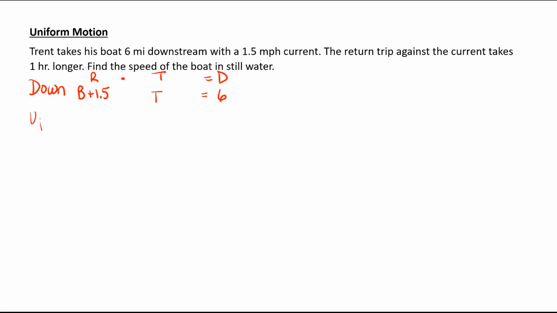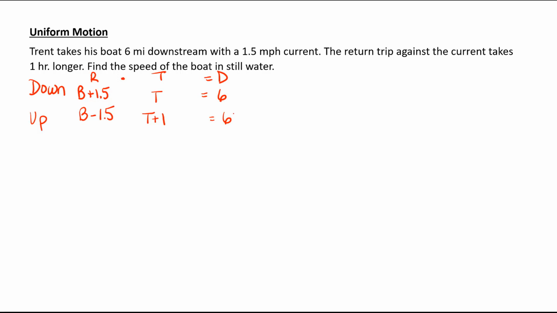When he goes up the river, his rate is b minus 1.5. It slows the boat down because the current is pushing against the boat. The problem says it takes an hour longer to go up the river, so his time is t plus 1 in that situation, and the distance is still 6. He goes down the river and then he goes back up.